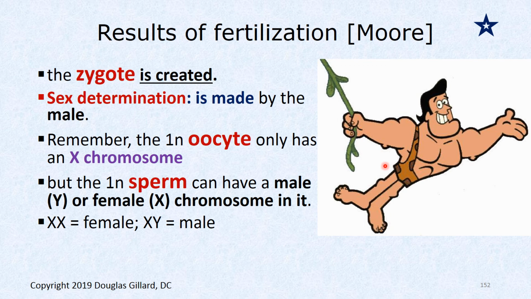Therefore, when that genetic material mixes, you can have an XX, a female, or an XY, a male. Because they only carry one sex chromosome, right? The sperm are haploid, so it can only carry an X or a Y. So a Y sperm will make a male, and an X sperm will make a female.